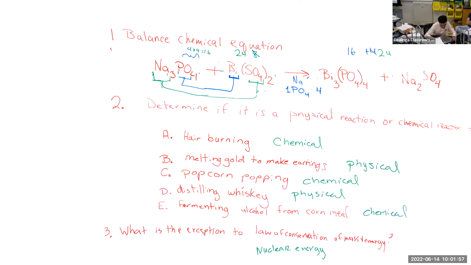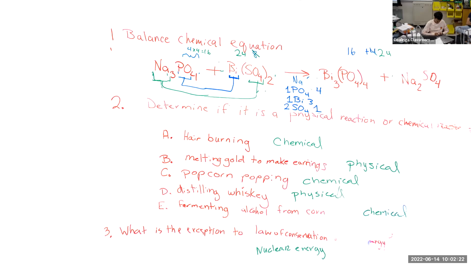It makes it a lot easier to keep track of those numbers. We have bismuth, one over here, here, and then we have sulfate, SO4, right? SO4 is moving as a unit. How many do we have over here? 2. 2. And then how many do I have over here? 1.